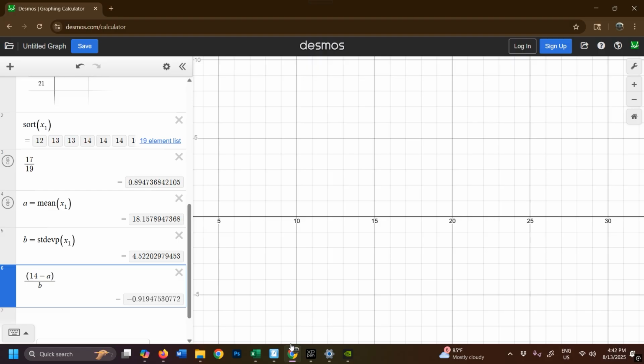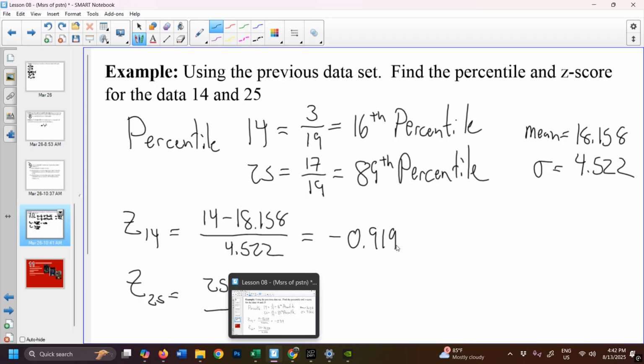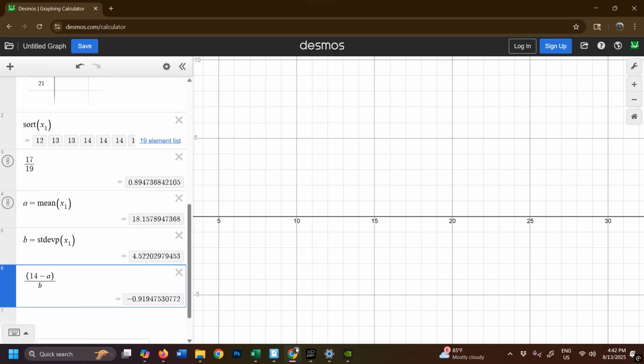Divided by B, which is the standard deviation, that gives me negative 0.919, because I would round down. And then if I want to do 25, I will just change this 14 to 25, and that gives me 1.513.